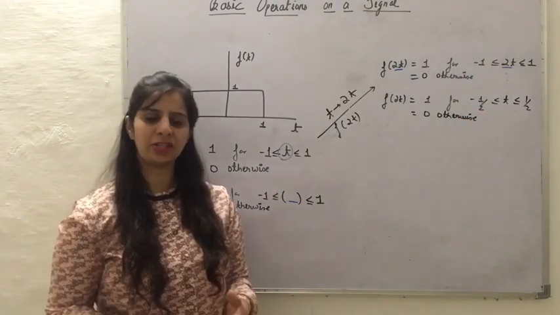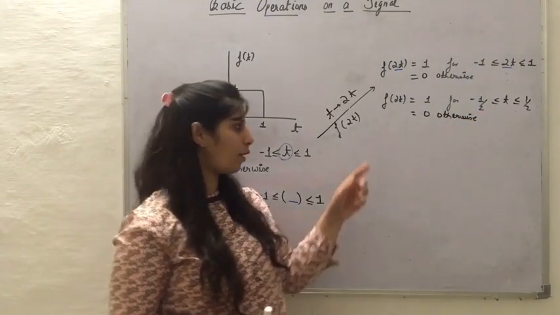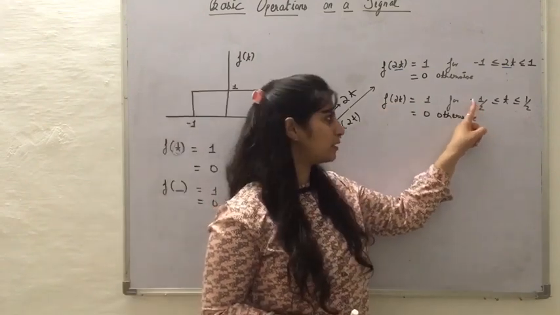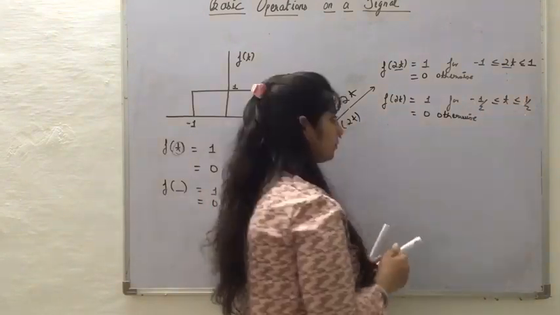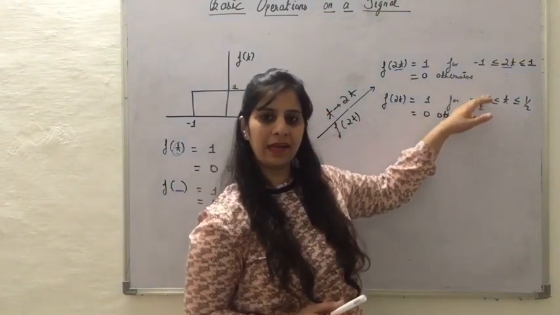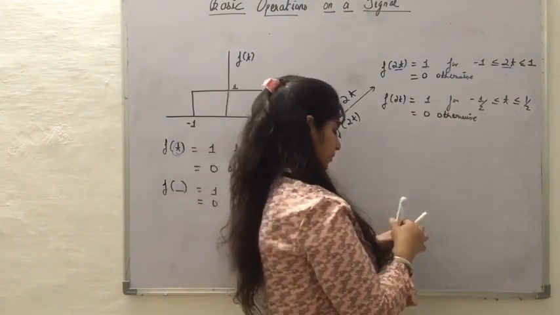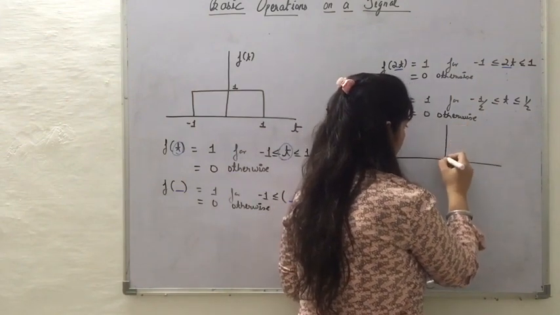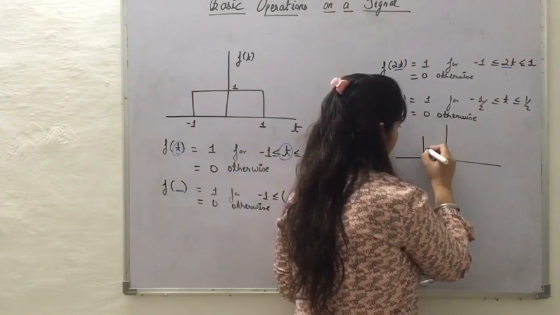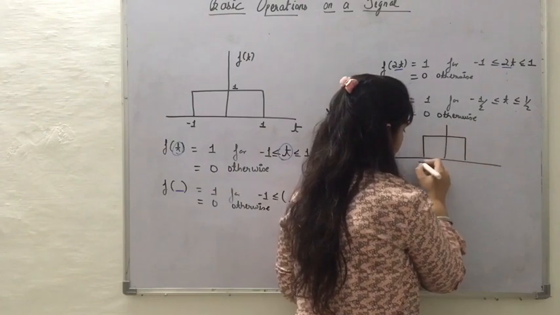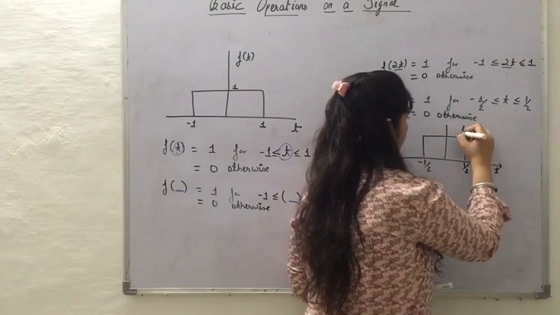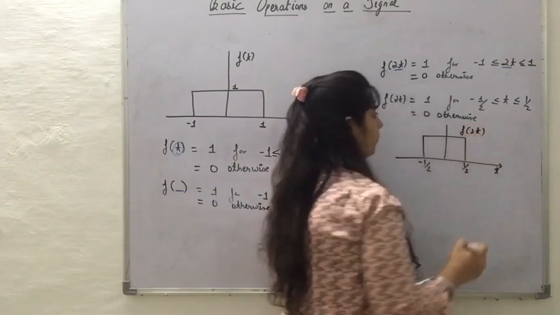What change we'll be seeing in the waveform of this signal is that it will be going only from minus 1 by 2 to 1 by 2. So the waveform that we'll get will be like this.